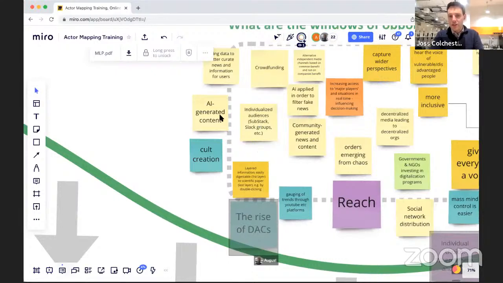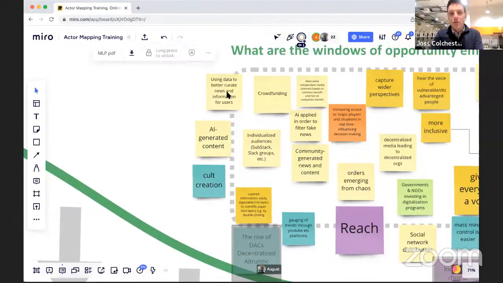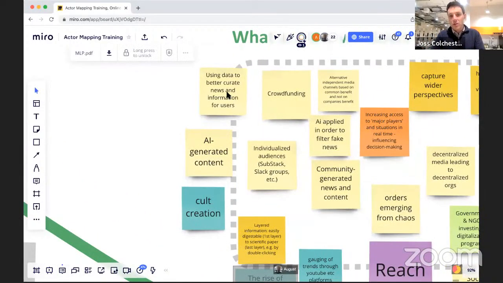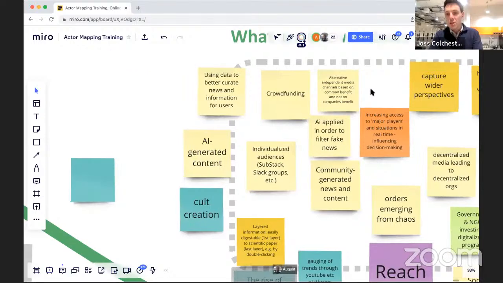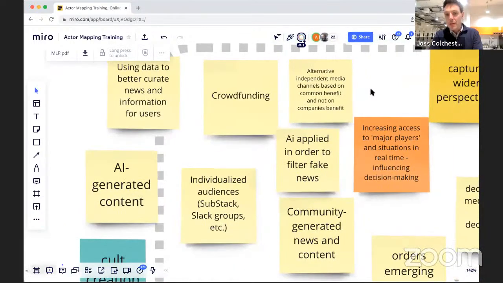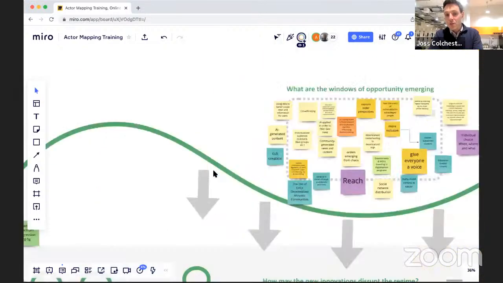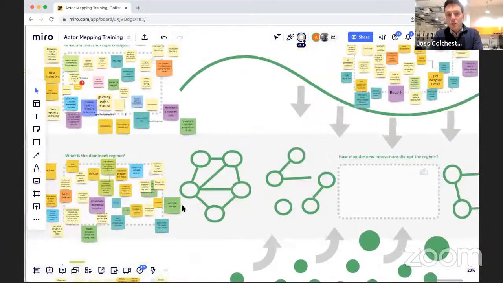AI generated content, cult creation. What's this up here? Using data to better curate news and information for users. Yep. Crowdfunding, alternative independent media channels based on common benefit and not on companies' benefit. Yeah, so this system down here was very much dominated by commercial interests, wasn't it?